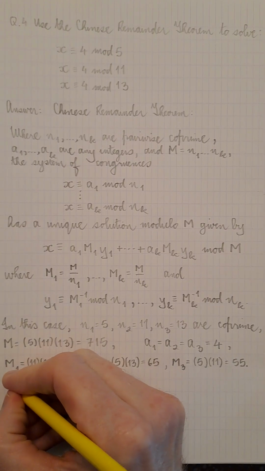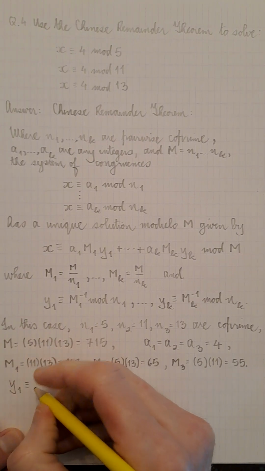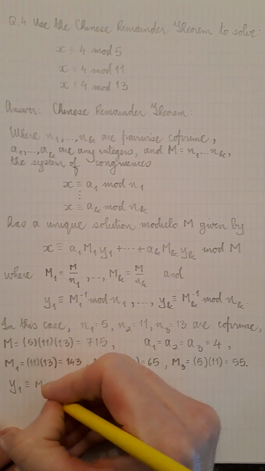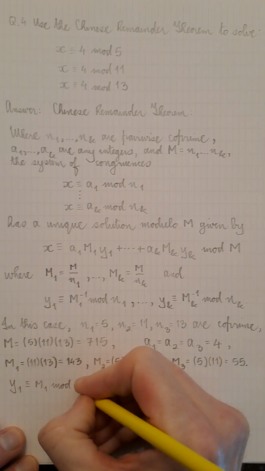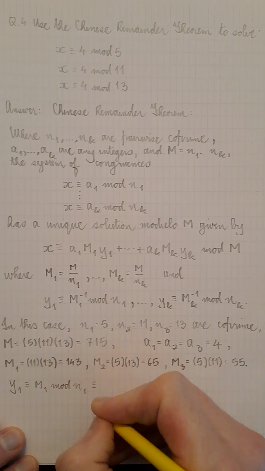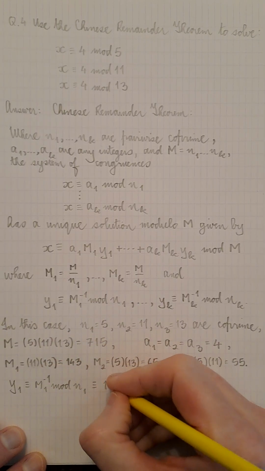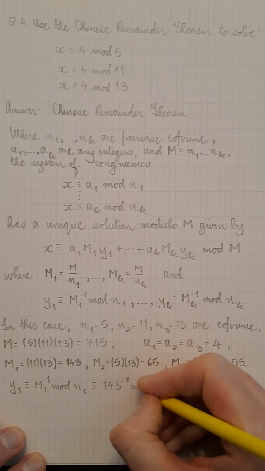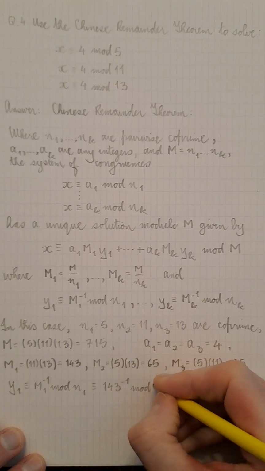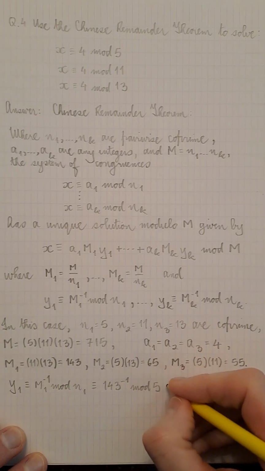So Y1, according to the Chinese remainder theorem, is congruent to M1 inverse mod N1, therefore congruent to 143 inverse mod 5. And mod 5 divides into 140.